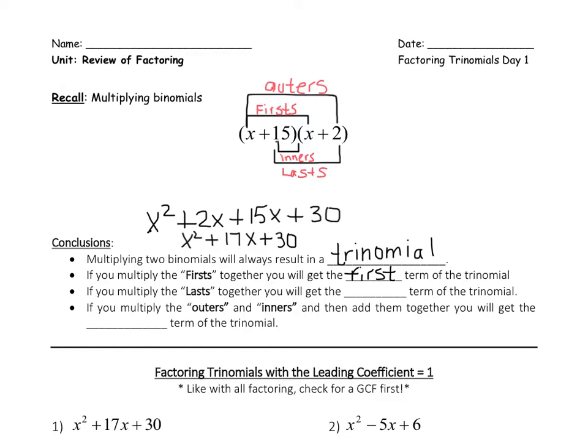If you multiply the lasts together, so the 15 and 2, those are my lasts, you're going to get your 30, or your last term of the trinomial. Now this is the tricky part. If you multiply the outers, so the x and the 2, which gives me 2x, and the inners, the 15 and x, and then add them together, 2x and 15x, you'll get the middle term.